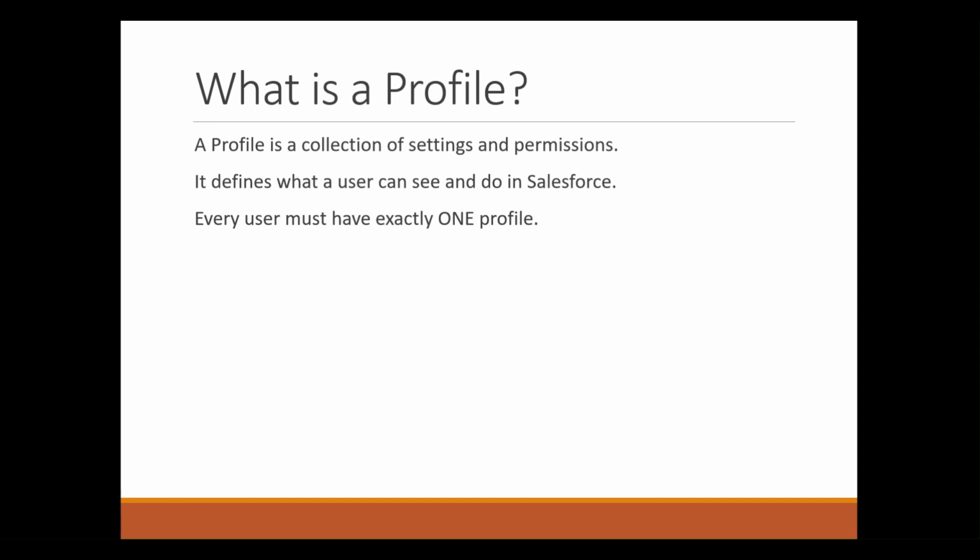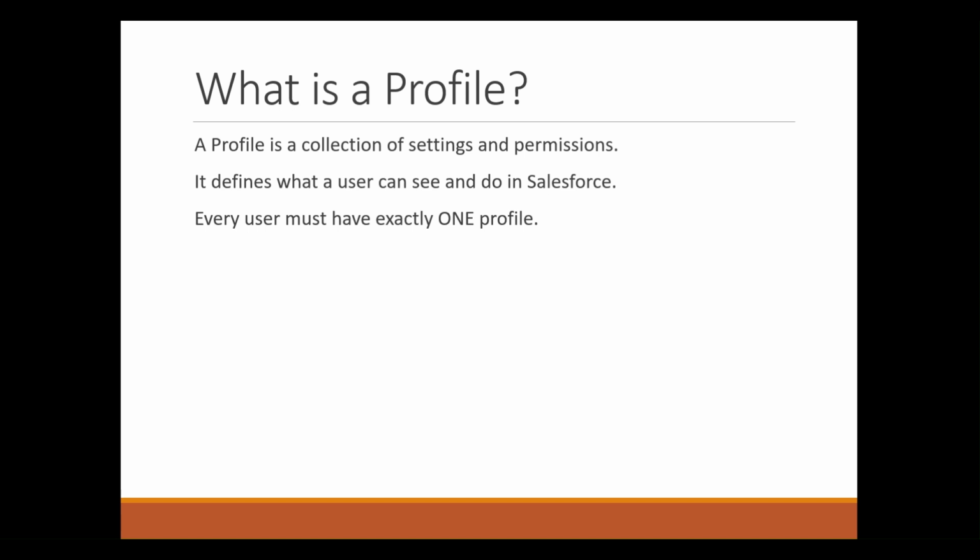So on a user record, profile is one of the fields, and in this field we have to mention the profile when we create the user. It's a mandatory field. This field contains the profile name, and the profile itself is a record which contains the access of the user. I'll come to that on the platform itself, like how exactly it looks.